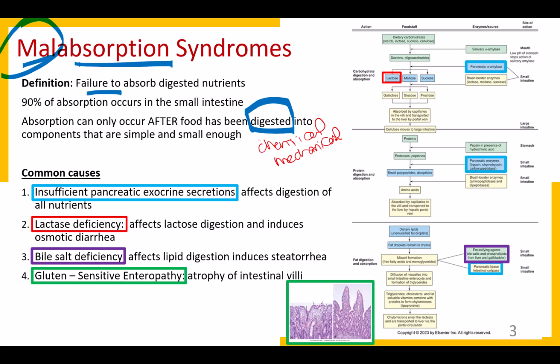And that's what absorption is. So some of the common causes of malabsorption syndromes comes from the fact that our pancreas is the source of enzymes and other pancreatic juices that help to chemically digest the food that we eat, right?